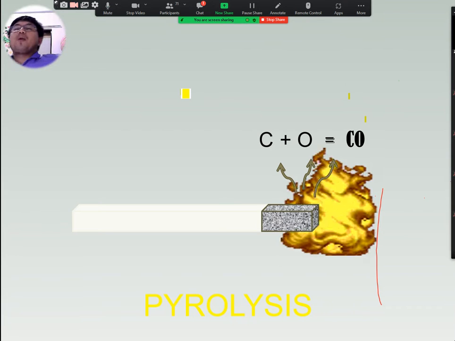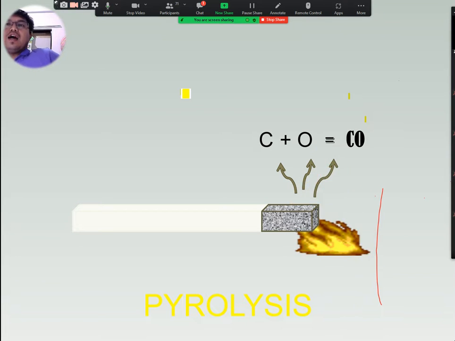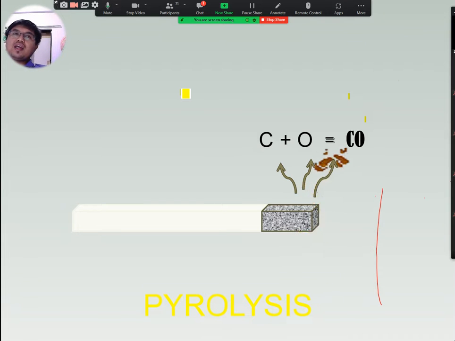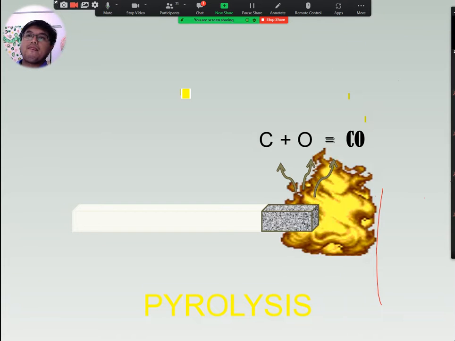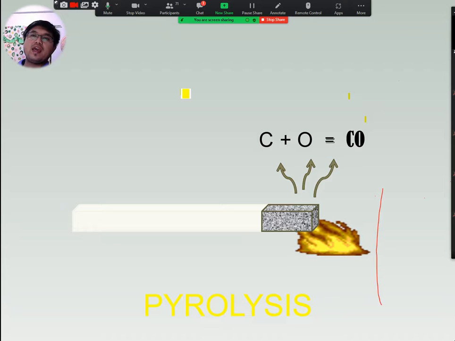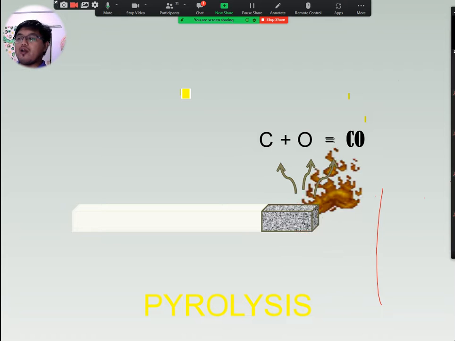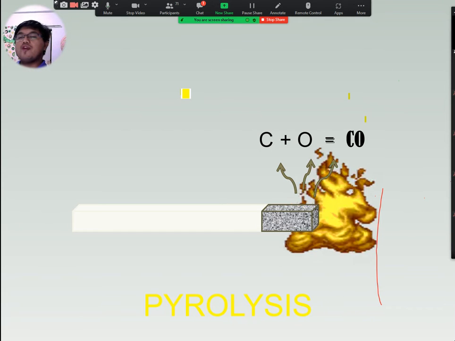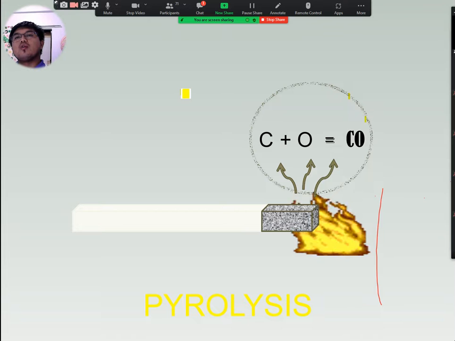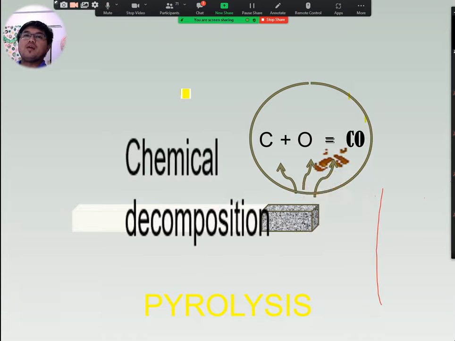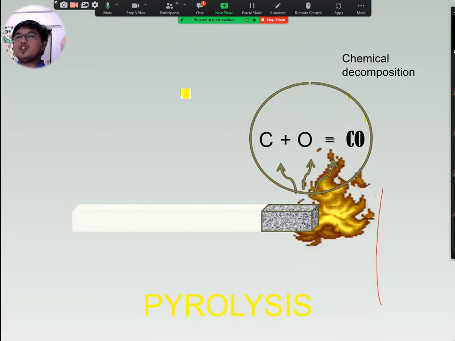Meron yung property of fire na hihigop na siya ng hangin. So yung tinatawag nating oxidation. Okay? Pag hihigupin niya yung hangin, oxidation mo siya. Kakaroon siya ng oxidation.